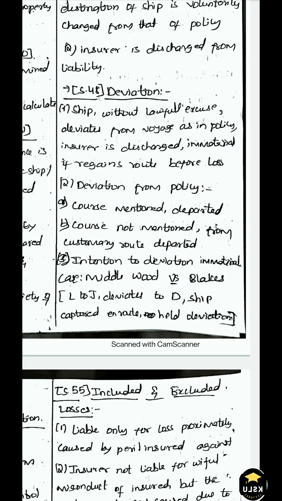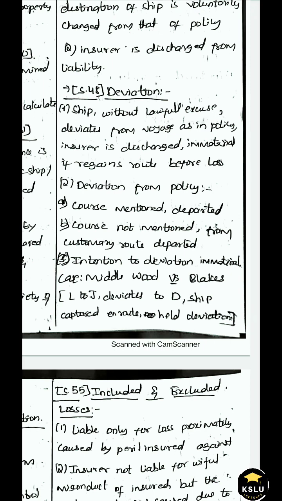And if the deviation is done without any lawful excuse, the insurer is discharged from his liability. Deviation from policy: the course is mentioned in the policy. So the policy itself specifies the course the ship has to follow, but it departs from that route. Then the insurer will be discharged from his liability.